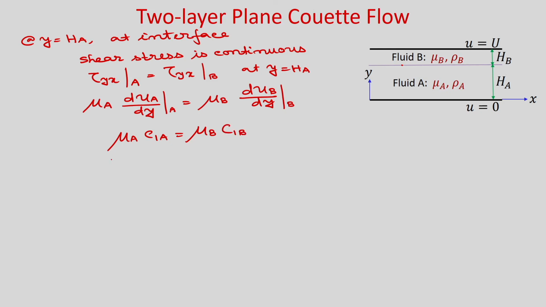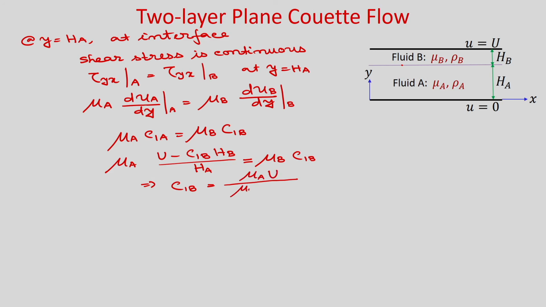Okay. So, C1 A we have found the expression. So, you can write that mu A times u minus C1 B h B divided by h A is equal to mu B C1 B. So, if you find the value of C1 B from this expression, you will get mu A u divided by mu B h A plus mu A h B. Okay.